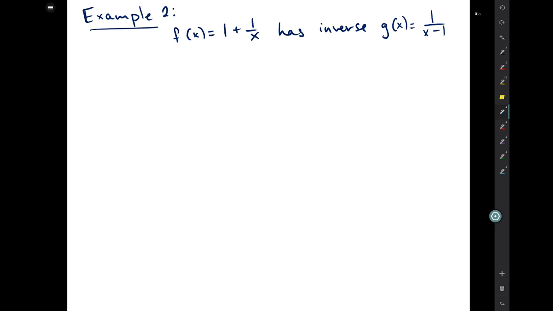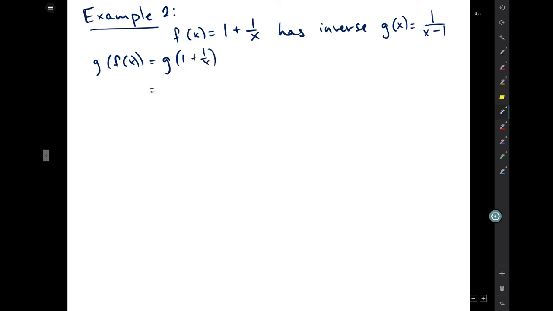Now let's practice this algebraic verification one more time. In our more complicated example, we had that f of x was 1 plus 1 over x, and we computed that its inverse was 1 over x minus 1. And it's less obvious in this case that g does undo f. So let's compute g of f of x. Again, I'm taking g and sticking in the entire function f.